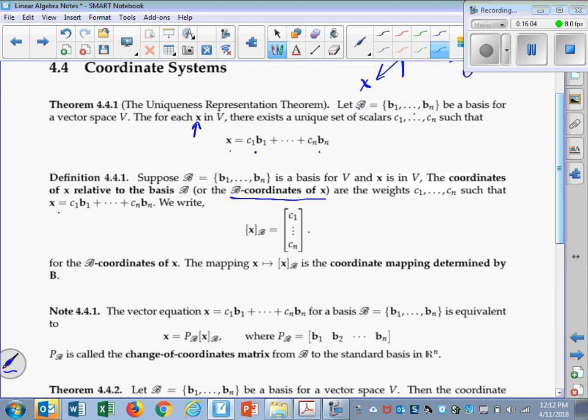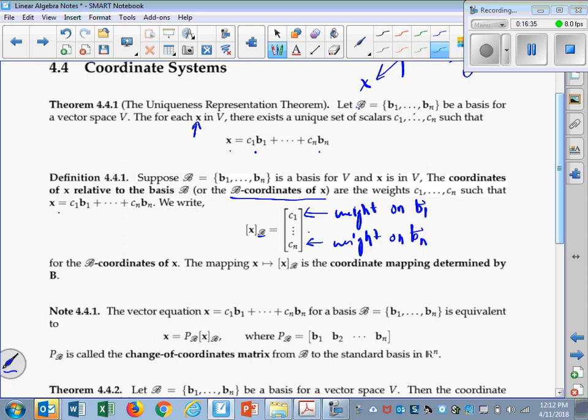Notice here we put a little subscript B below x, saying to our reader, hey, these are really B coordinates of this vector x. So c1 is the weight that we use on b1. Each one of these vectors is weighted. Here's the weight that we use on bn. Each one of those scalars represents the weight on that basis vector.